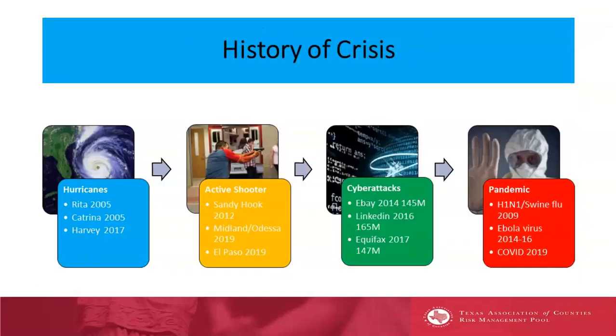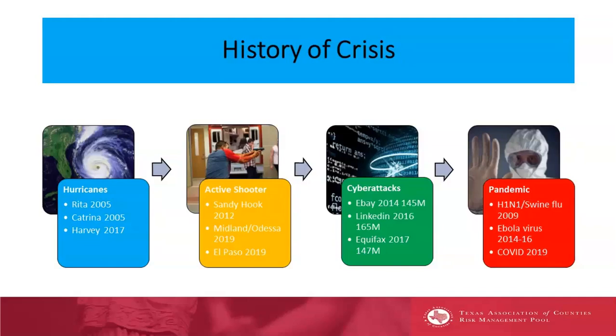As you know, we've had a history of crises, starting, as you can remember, with hurricanes Rita, Katrina, and Harvey. They did a lot of physical damage, and some lives were lost during this time also. Then we've had the crisis of active shooters, with so many killings, the most recent in El Paso, when there were shootings at the Walmart. We had the Midland-Odessa incident not too long ago in 2019. Then we started getting hit with a bunch of cyber attacks in the last 2 to 3 years.